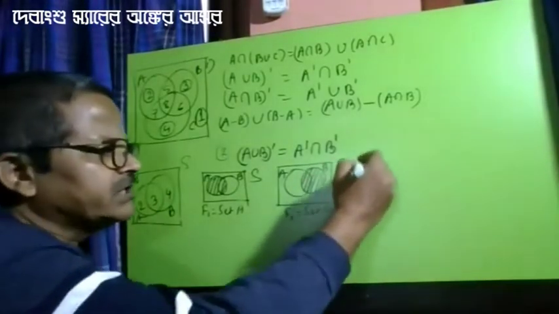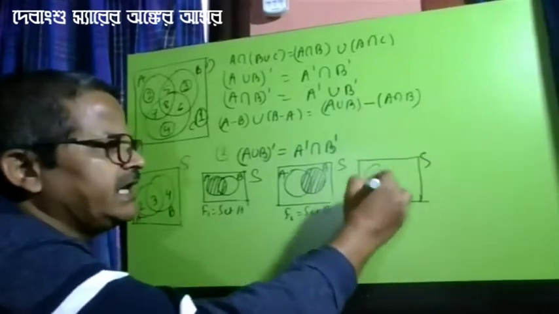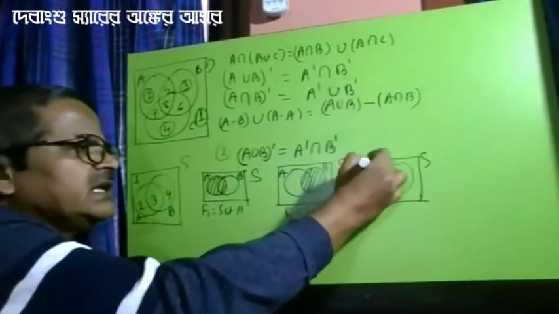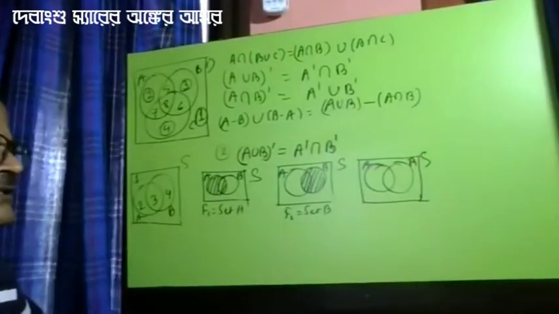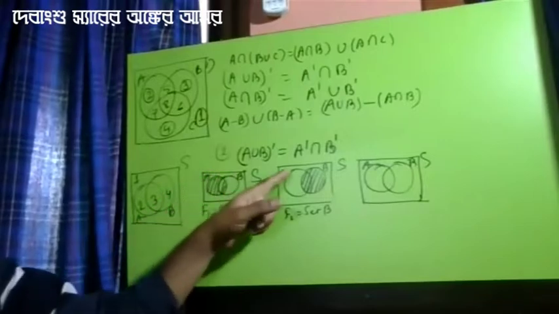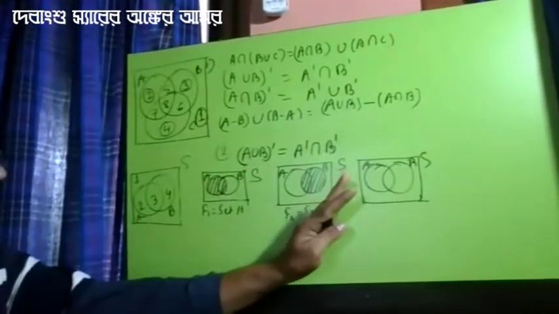Now we have to take union of these two, that is A union B. Union means any portion within any one of the sets will be considered. Now see, part 1 is not included in A or B, so this outside portion will not be there.